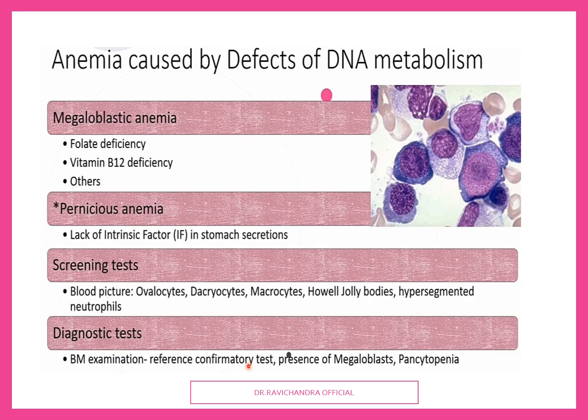Pernicious anemia is due to lack of intrinsic factor in the stomach secretions. As a screening test, we check the peripheral smear or blood picture, where you can appreciate ovalocytes, dacrocytes, macrocytes, Howell-Jolly bodies and hypersegmented neutrophils. As a diagnostic test, bone marrow examination is confirmatory, and the presence of megaloblasts and pancytopenia is a characteristic feature of defects of DNA metabolism.